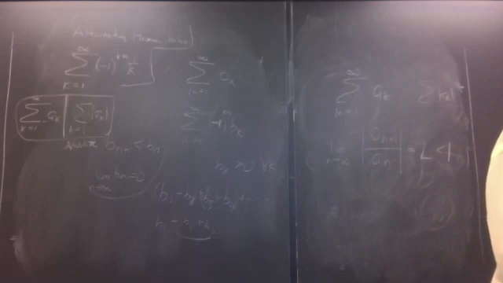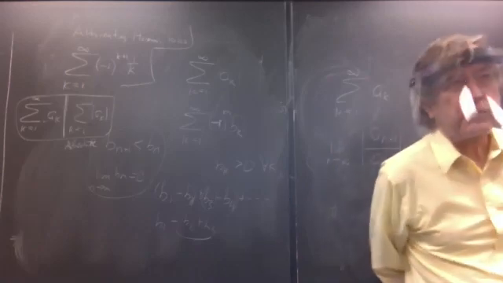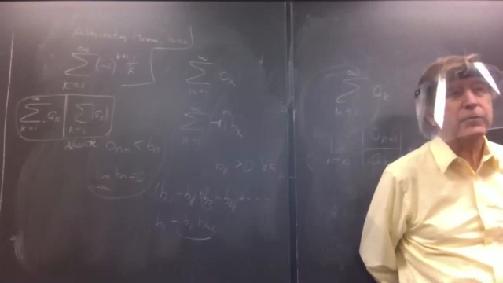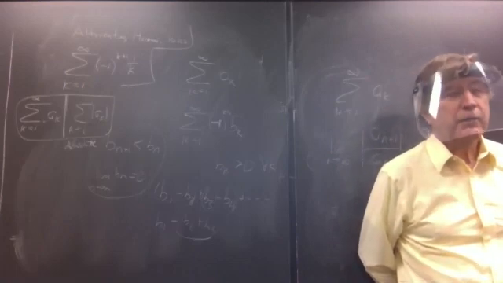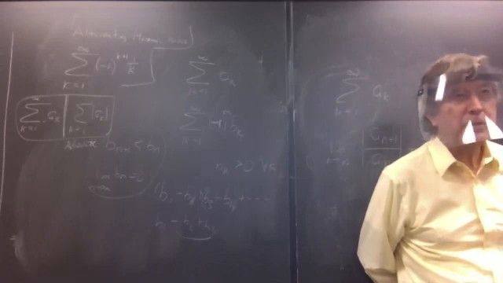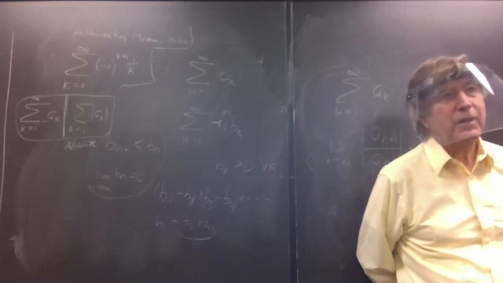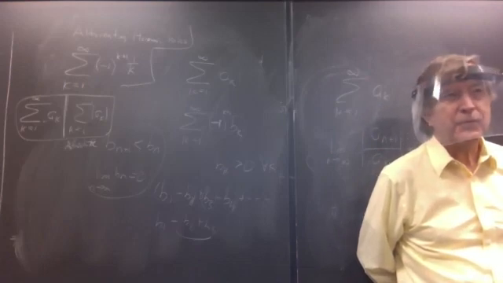That's a football thing. If the limit is 1, the test fails, meaning you don't know. It means try something else. So to show convergence, you want to show the limit of the ratio of the n plus first term over the nth term in absolute value converges to a number less than 1, or greater than 1 for divergence. If it equals 1, you say, well, that test didn't work, so you don't know yet.